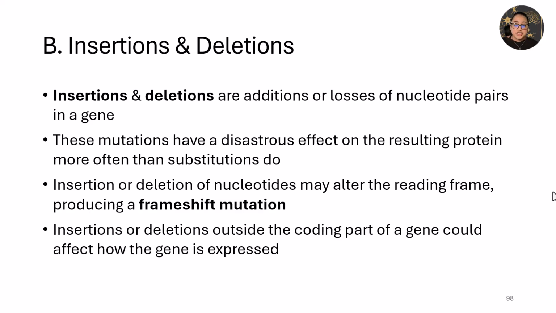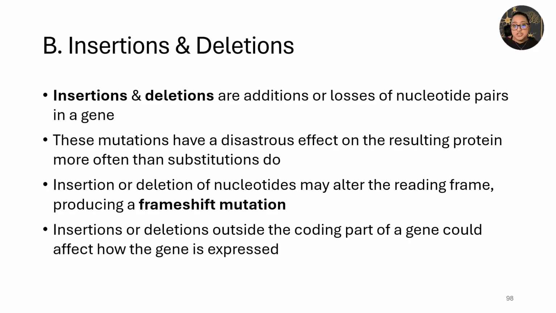Insertion or deletion of nucleotides can alter the reading frame. Normally it's supposed to be read this codon, this codon, this codon. If you insert or delete a nucleotide, that shifts everything. That shifts the codons to be totally wrong. And so I'll show a picture. This is what is called a frame shift mutation if it messes up the reading frame of all of the codons.